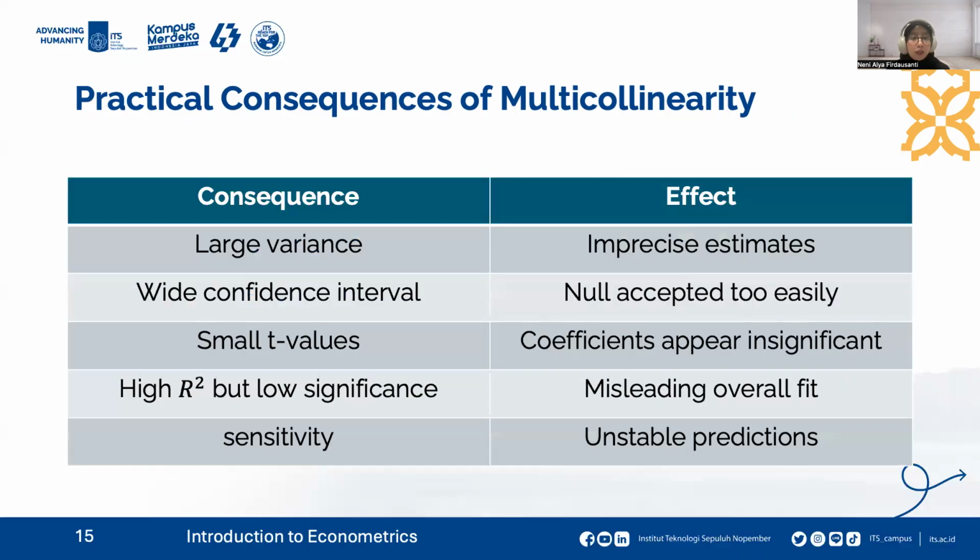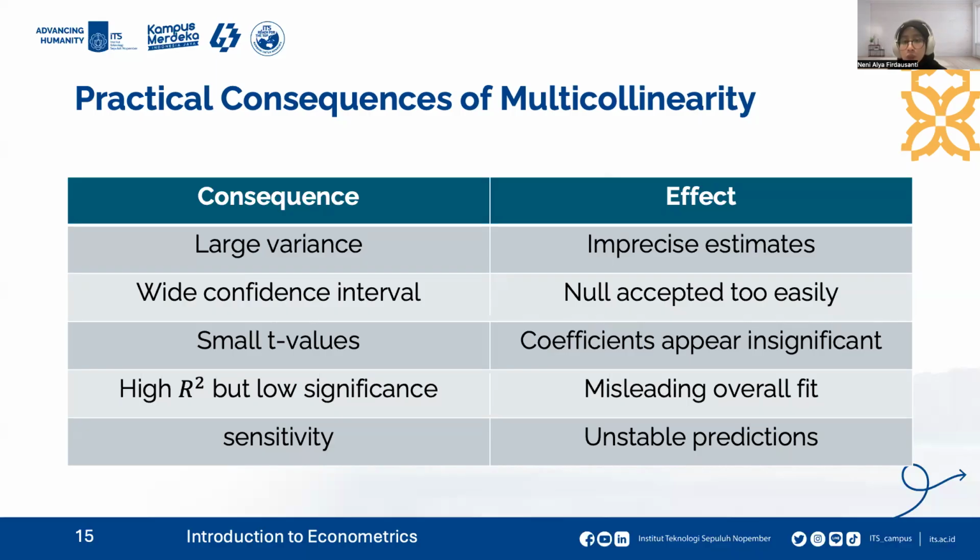All right, so when multicollinearity is high or near, it creates practical issues even though OLS estimators remain BLUE. The first consequence is large variance. OLS coefficients can have large variance and covariance, which makes the estimation less precise.